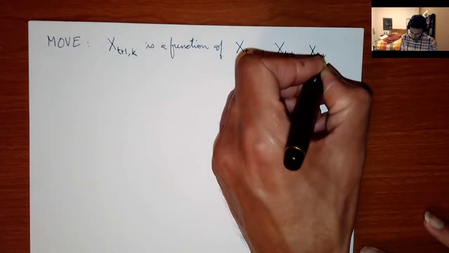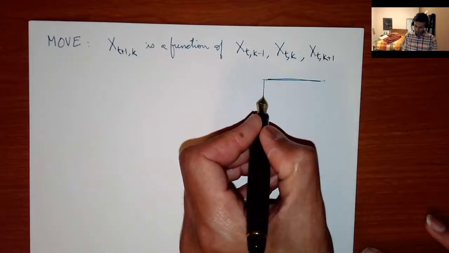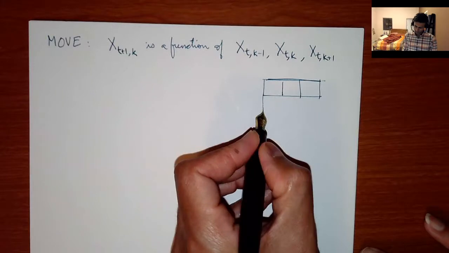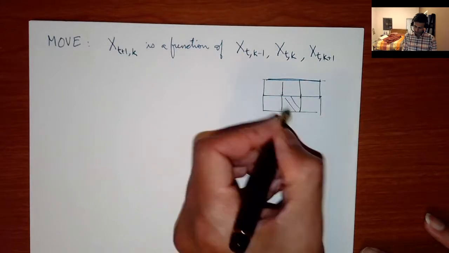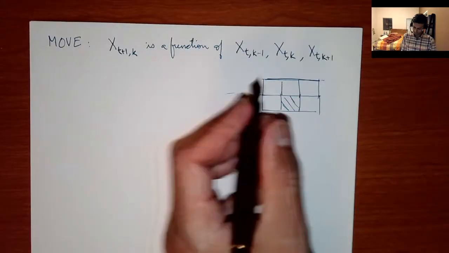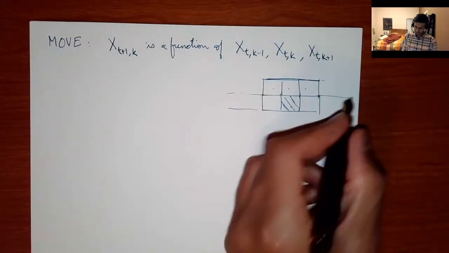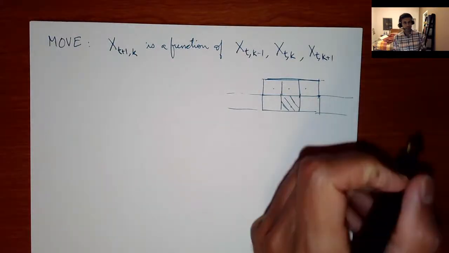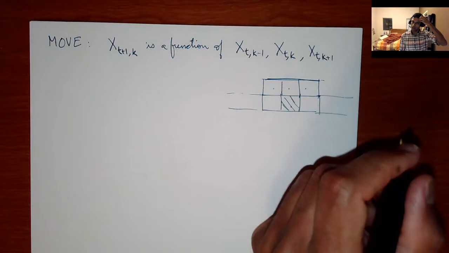So what this is saying is, if you look at the Tableau and you look at the sort of 3 by 3 window, you say, look at this symbol here. What is this symbol going to be in the Tableau? It only depends on one of these three symbols. And this is key. This is actually the key to the encoding. Computation is a local phenomenon.